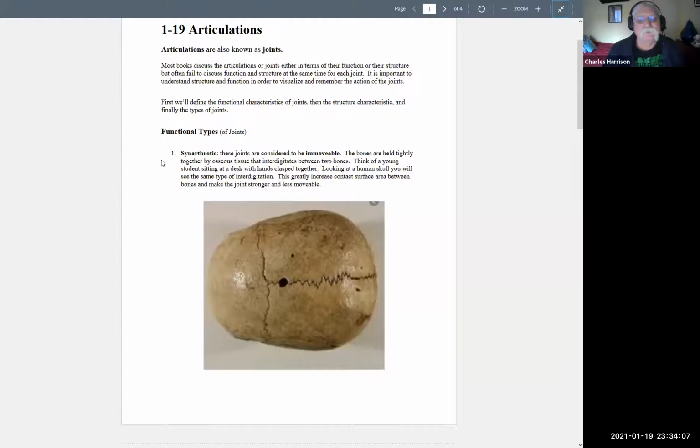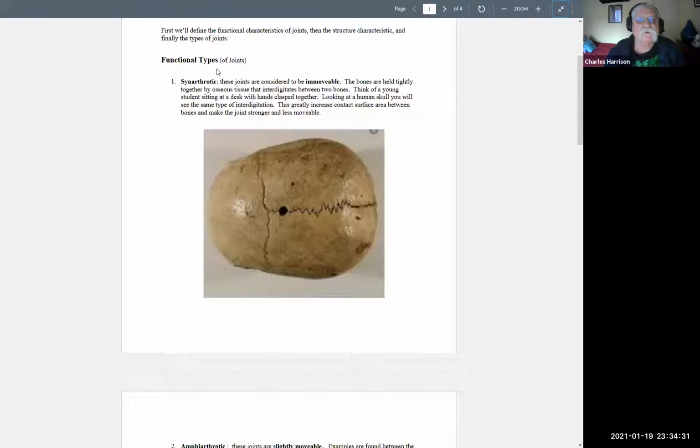What we need to do is look at a joint in its entirety, as it functions and also its structure. Here are the functional types of joints. We're just going to do the functional types first.